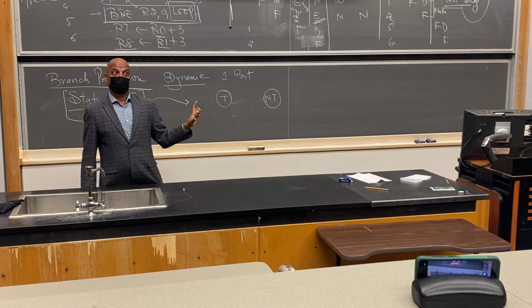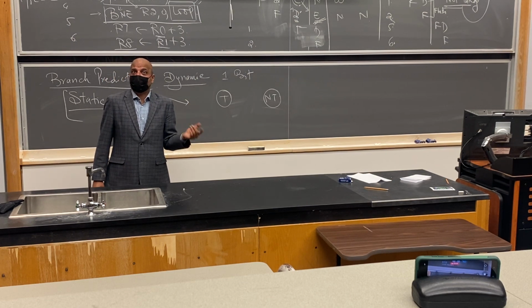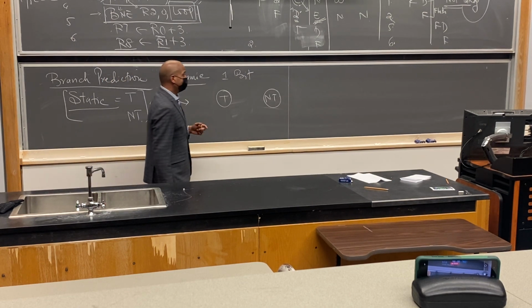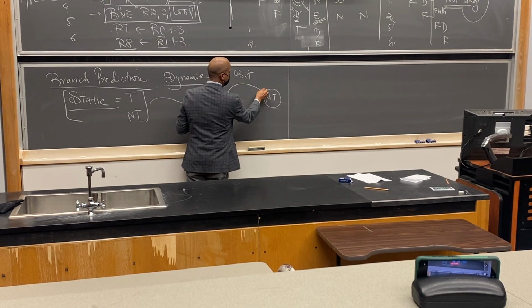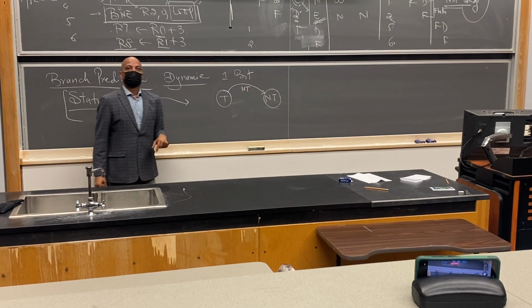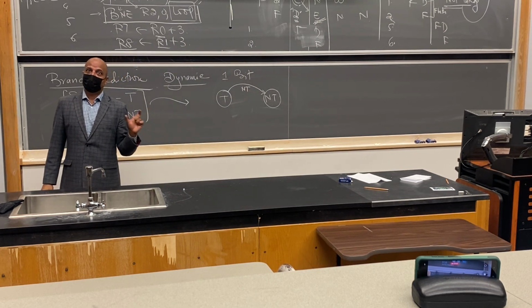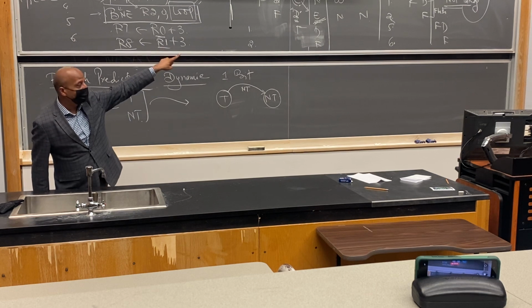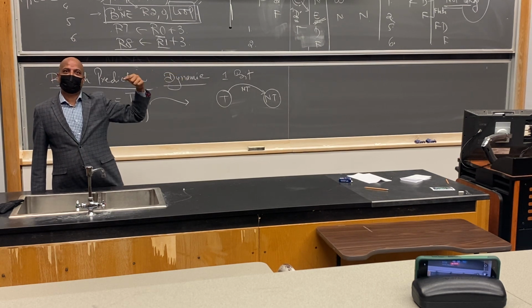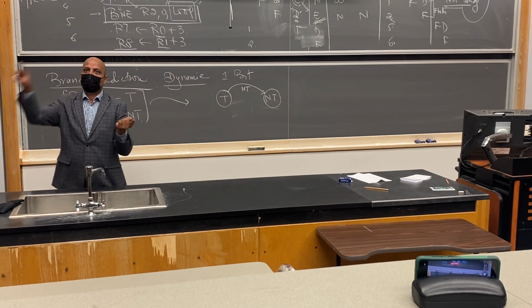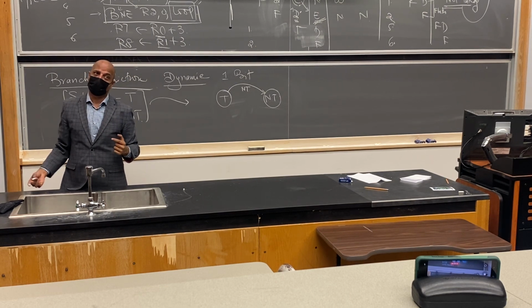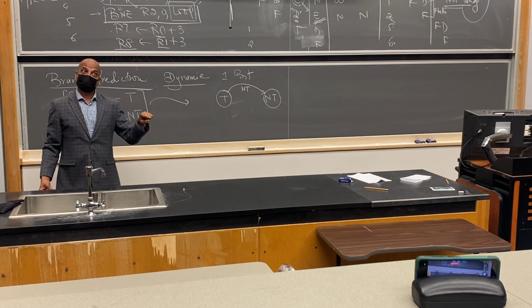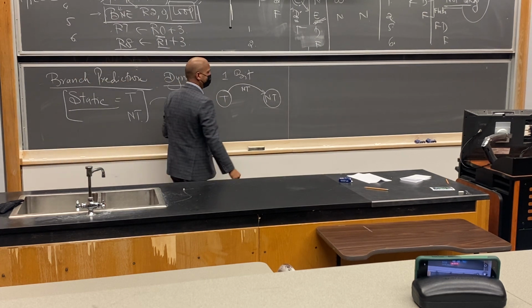Doesn't have to be. It's just a bit. I can make it 0, I can make it 1. But if it is initialized to taken, and the reality is that I did not take the branch, initial value of the predictor was taken, but when I executed the branch, I found out I didn't take the branch. My next prediction will be changed to not taken. That's how I change the state from taken to not taken.